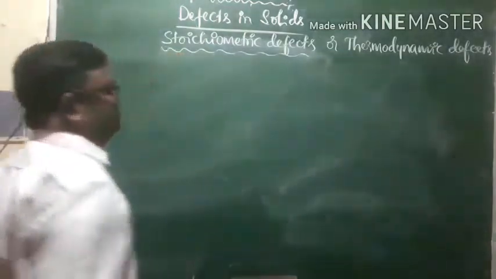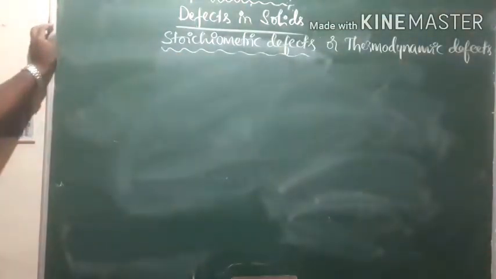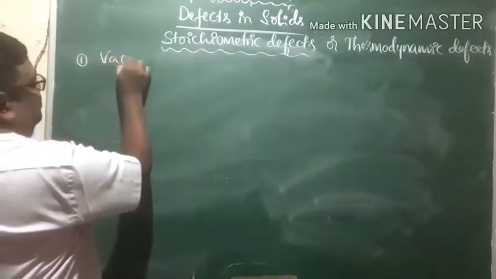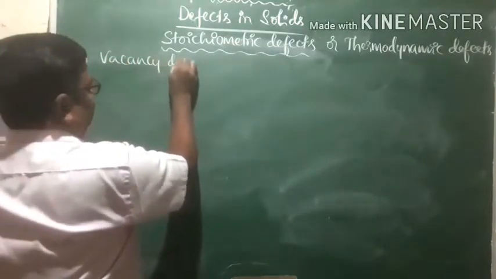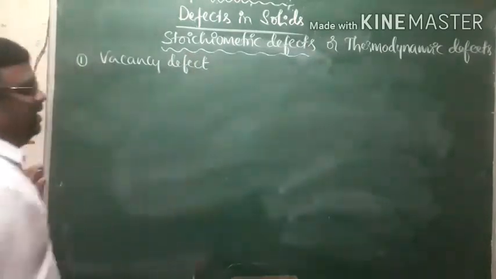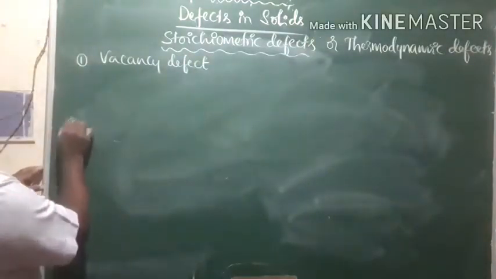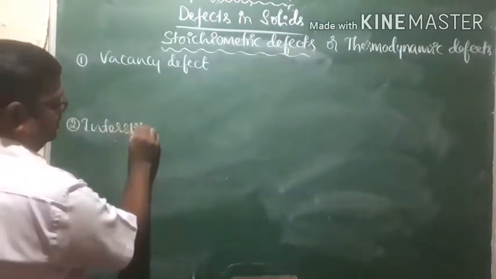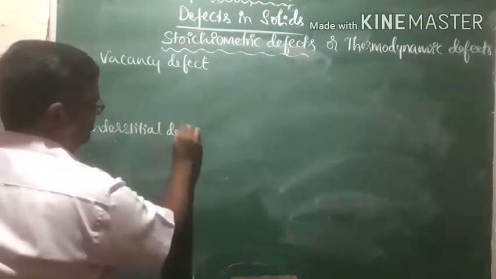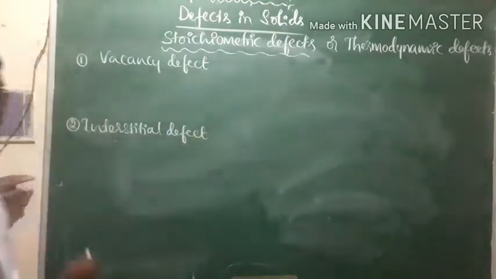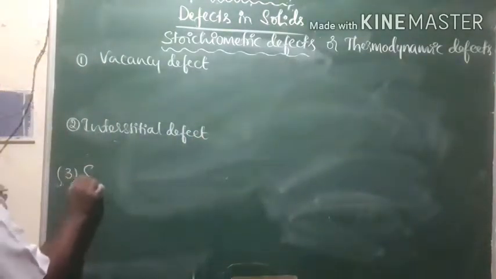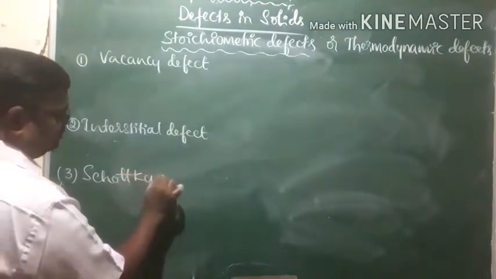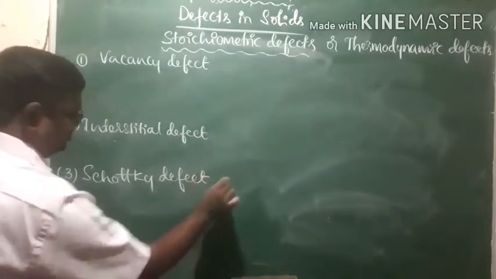In the stoichiometric defects, we have two types. One will be vacancy defect. Second will be interstitial defect. Third will be Schottky defect.